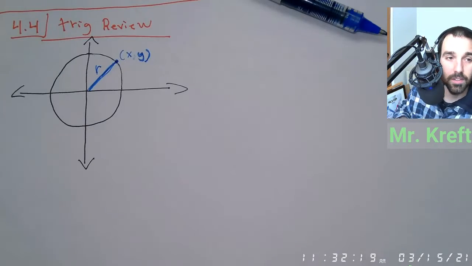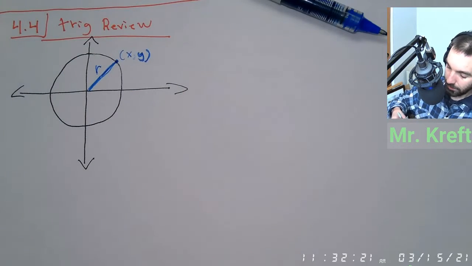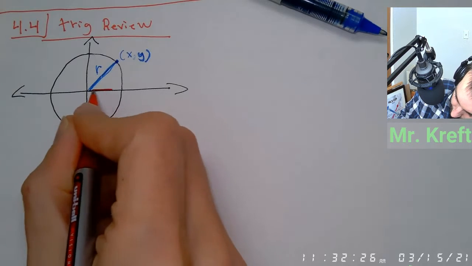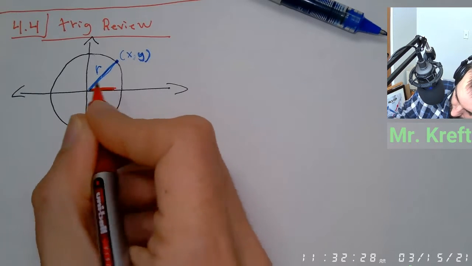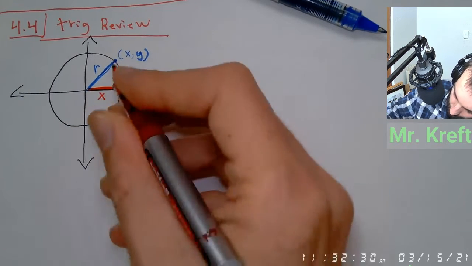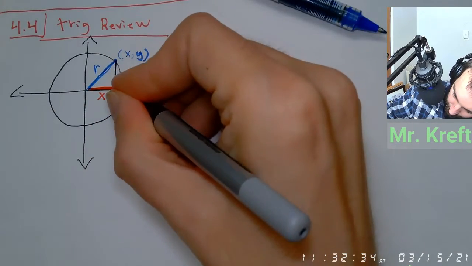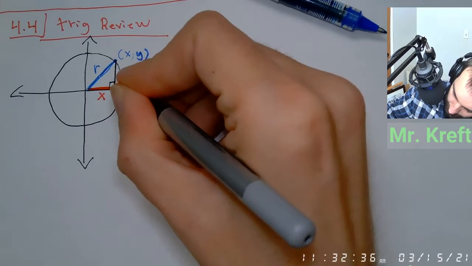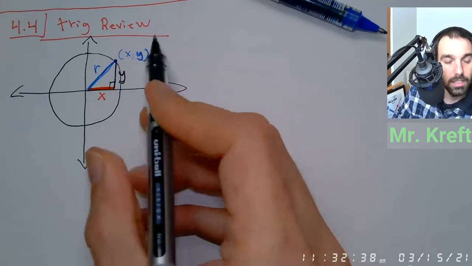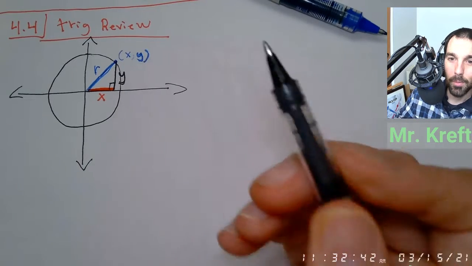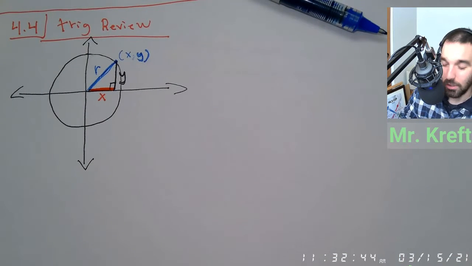Now what's cool, if we draw this in a Cartesian plane, it's going to have some x to the right and some y up. That's how we get our point, because x represents left to right, y represents up and down. But boom, I just made a right triangle.